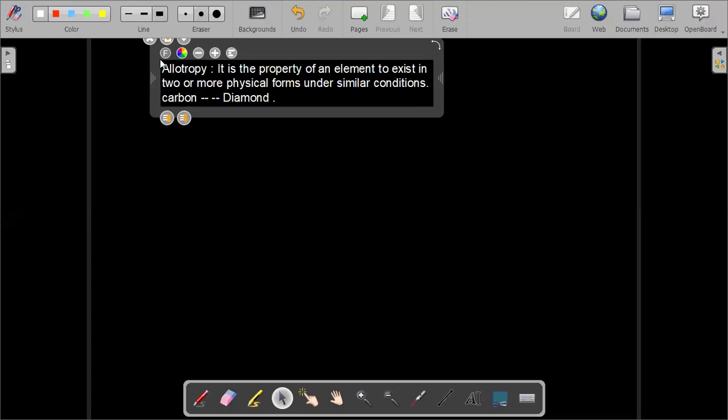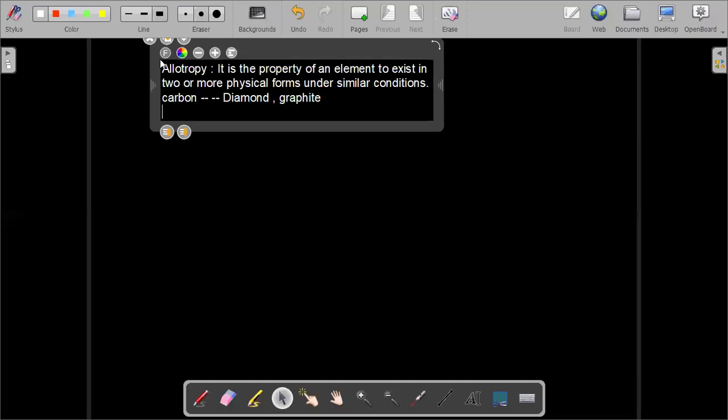There are allotropes of phosphorus also, so phosphorus also exists in more than one physical form. Phosphorus exists as yellow phosphorus and red phosphorus.